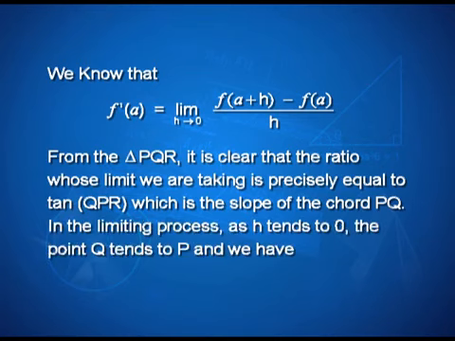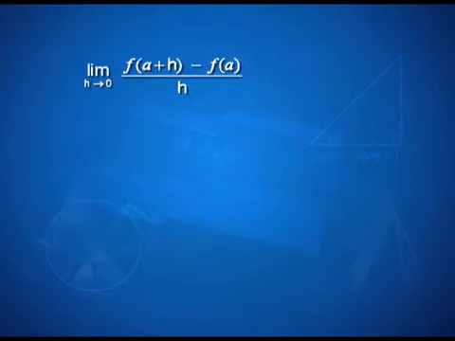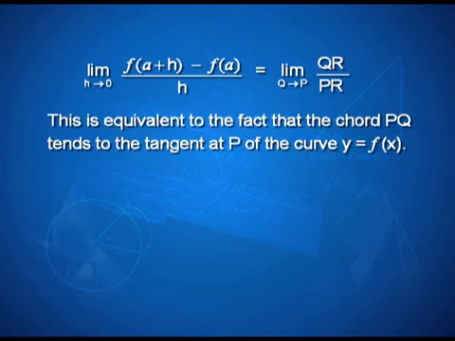In the limiting process, as h tends to 0, the point Q tends to P, and we have limit f of a plus h minus f of a divided by h as h tends to 0 is equal to limit QR upon PR as Q tends to P. This is equivalent to the fact that the chord PQ tends to the tangent at P of the curve y is equal to f of x.